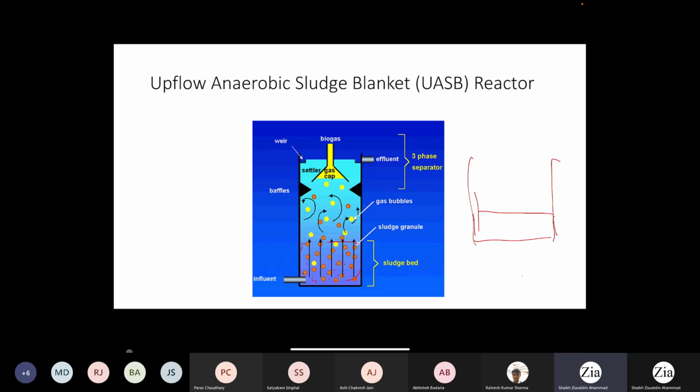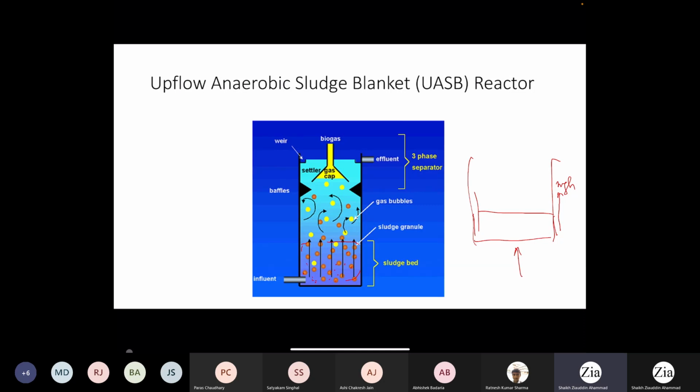Now, whenever you supply a certain amount of wastewater, the entire bed will try to move up. It moves in an upward direction, and then again it falls down because of gravity, because of the mgh.